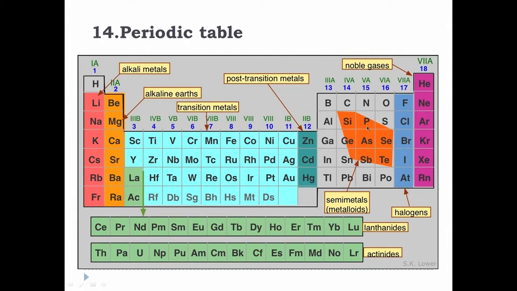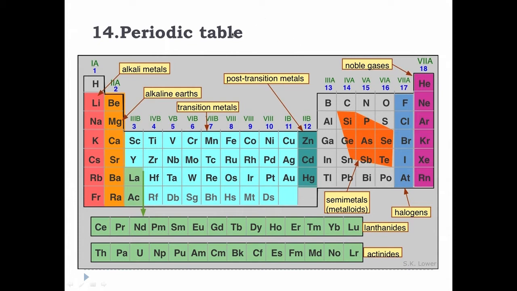In the red on the right side you have the metalloids. They behave partly as metals and partly as non-metals. Then we have the lanthanides at the bottom, and in green, the last bottom row is the actinides.